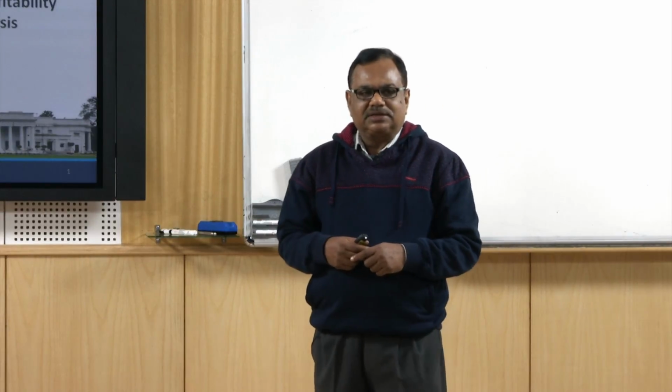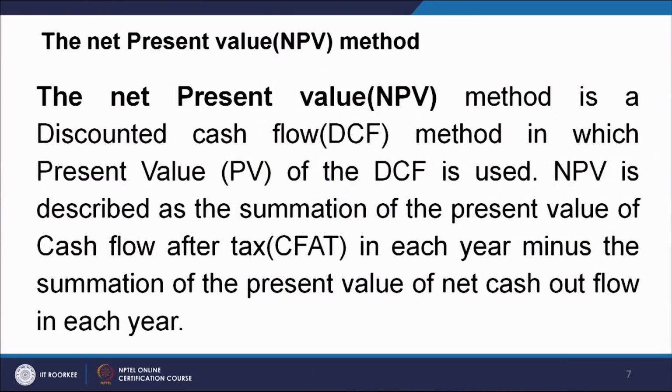NPV is described as the summation of the present value of cash flow after tax, which is called CFAT, in each year minus the summation of the present value of net cash outflow in each year.